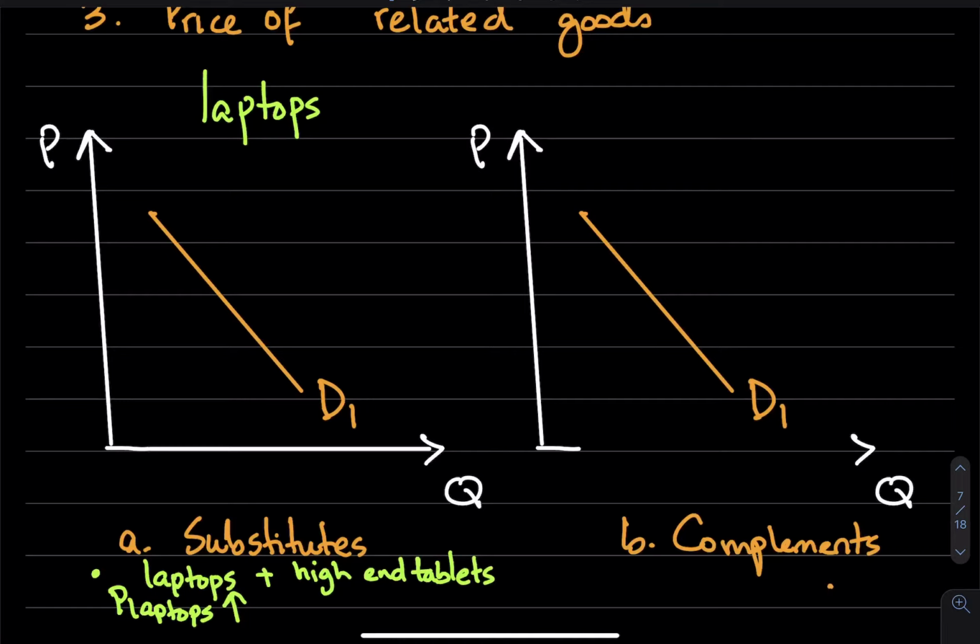What you would see here would be, because high-end tablets are more in demand, the demand for laptops is going to fall. Okay, so if you want to simplify this, you can say price of laptops went up a lot and high-end tablets are cheaper.